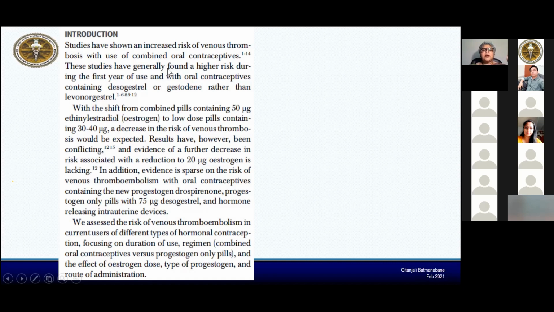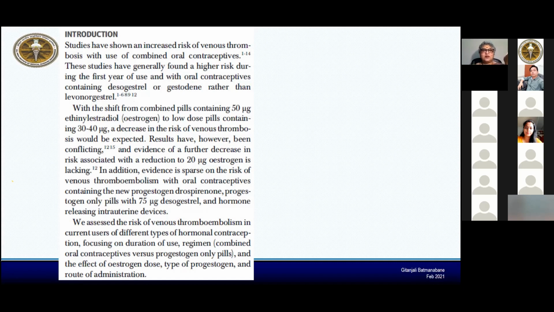They have found generally a higher risk during the first year of use with oral contraceptives containing desogestrel or gestodene rather than levonorgestrel. So here is their main background.